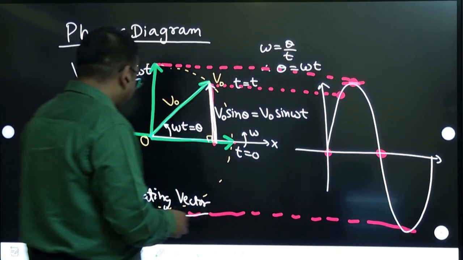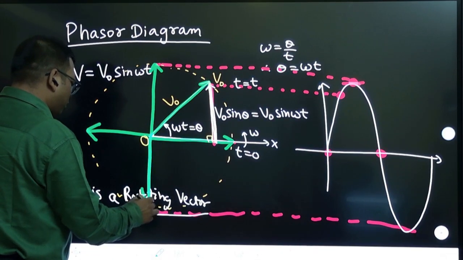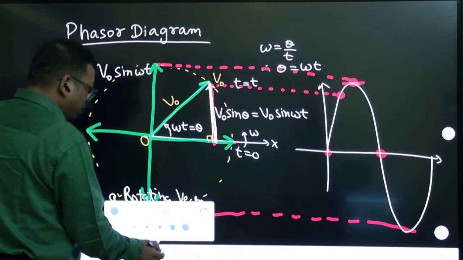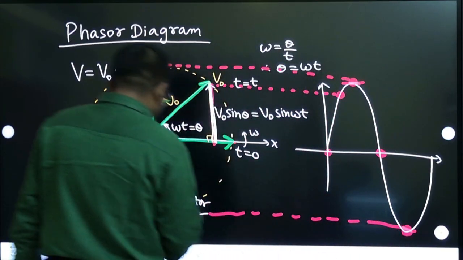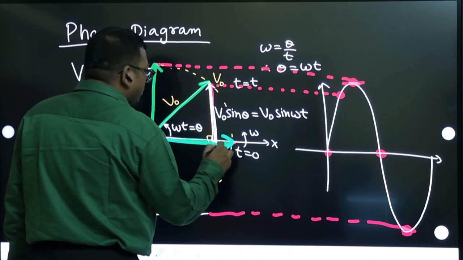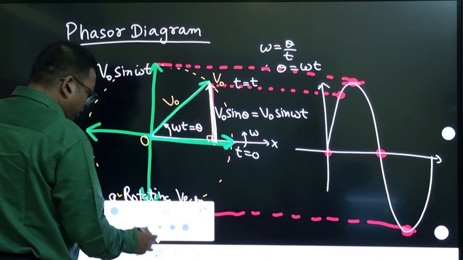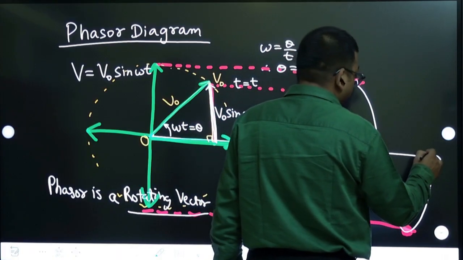Then it rotates downward and reaches the minimum at this point. When the phasor rotates and comes back to the same position over one cycle, you have to draw the point again.